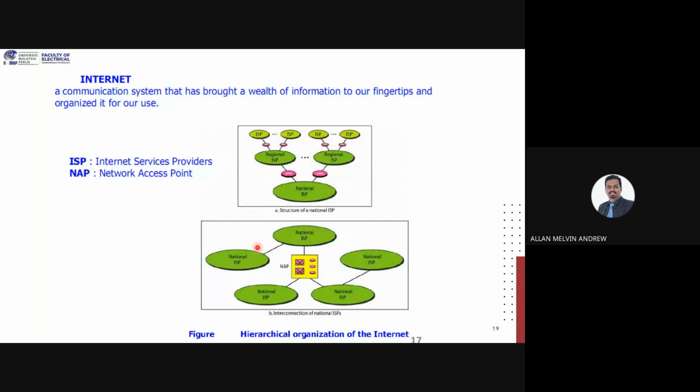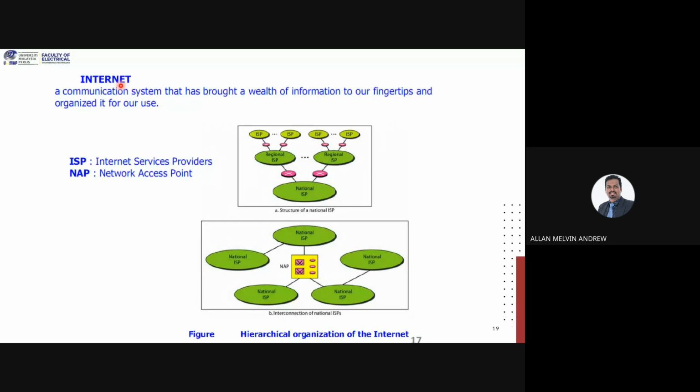Okay, so we can see the internet nowadays. We are using the internet. The internet is a communication system that has brought a wealth of information to our fingertips and organized it for our use. The internet is like a very big backbone for data communication nowadays because it connects so many LANs and also WANs together.